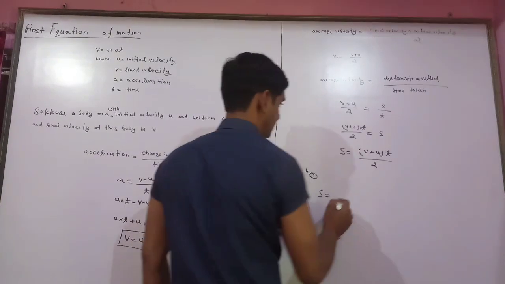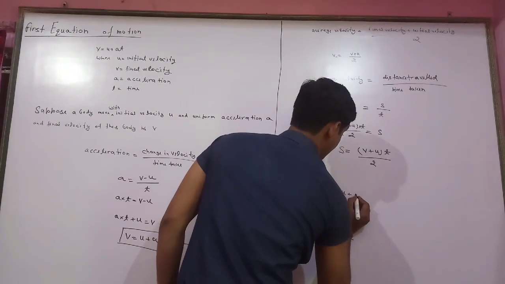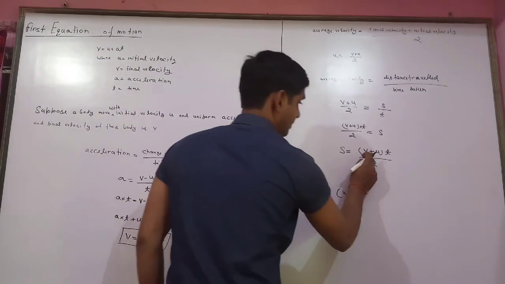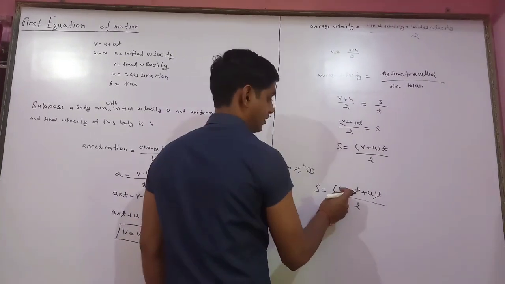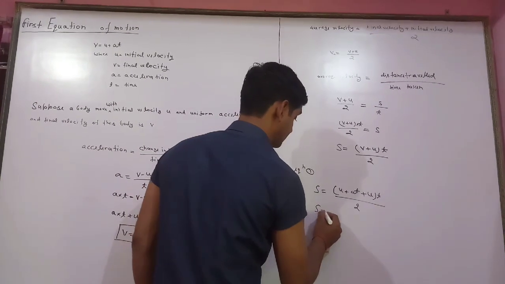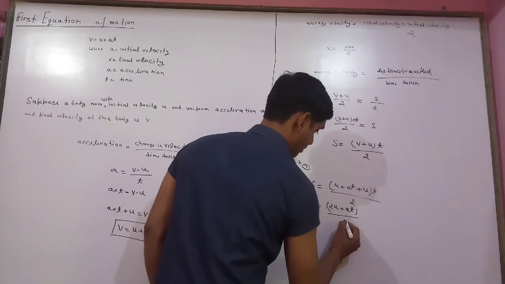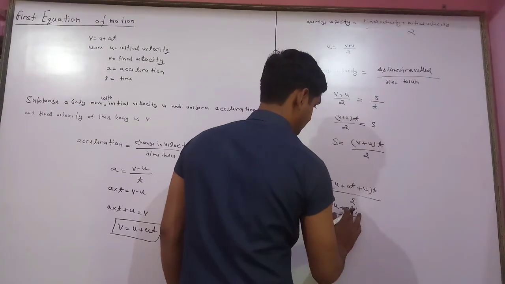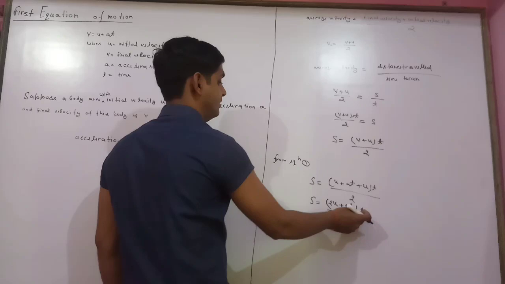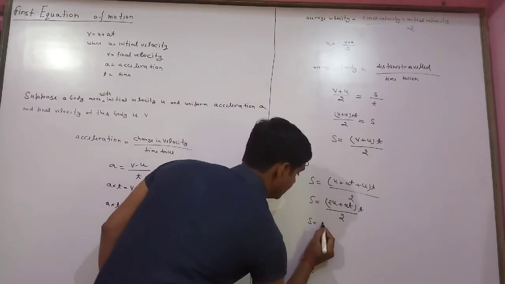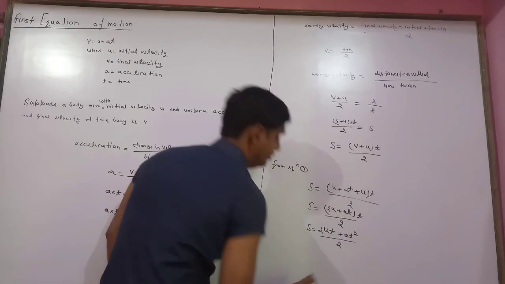So putting this value here, s = (u + at + u) upon 2, multiplying by t. That gives 2u plus at upon 2, multiplied by t: 2ut plus at square upon 2.